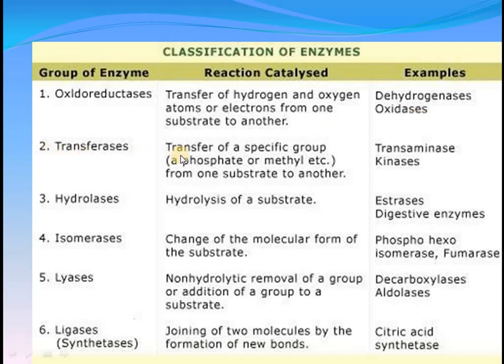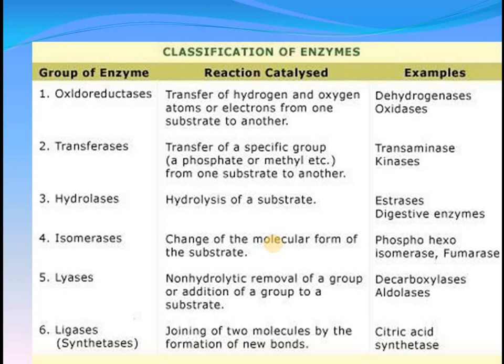Next, transferases: transfer of specific group of phosphate or methyl from one substrate to another, and its example is transaminase. Then hydrolysis of substrate, esterase or digestive enzyme. Then isomerase, change of molecular form of substrate. Phosphohexoisomerase or fumarase is the example.